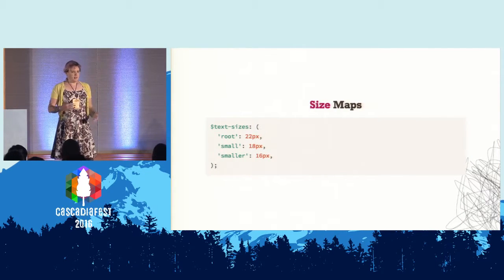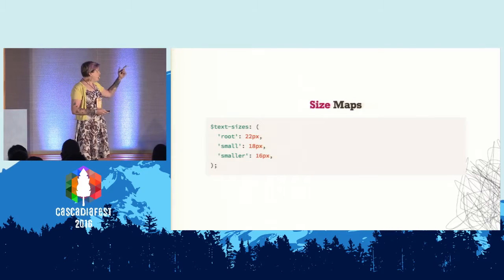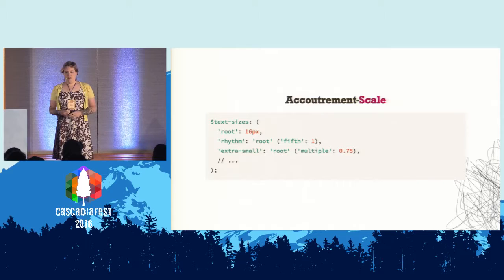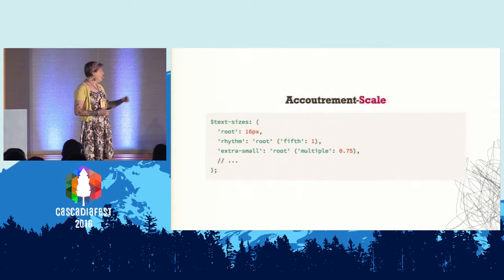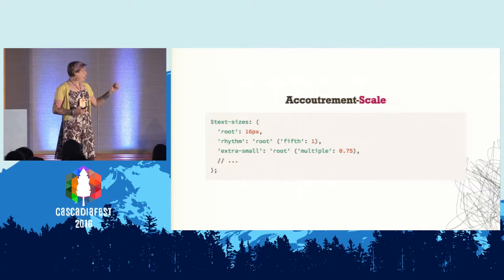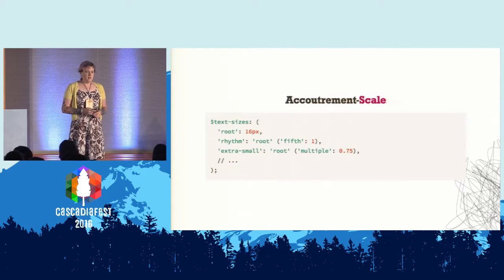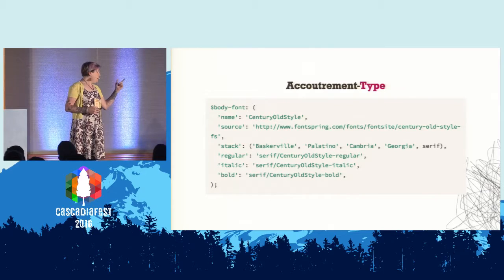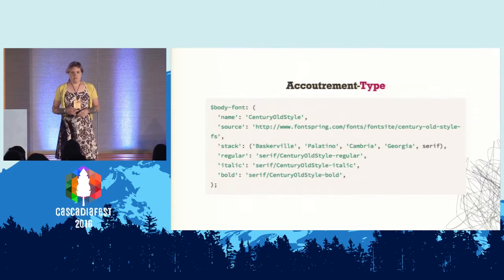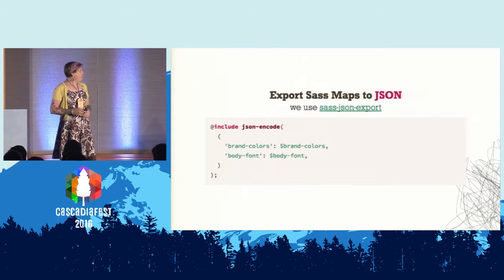If you're doing a typographic scale, you can start simple or start to add in, again, this is using my define now, calculate later technique, where we say, okay, I'm going to want to take this up a fifth, or I'm going to want to multiply it by 3/4. So I can create a scale that way. I can also keep my fonts in a map, and then the system knows what all my fonts are.